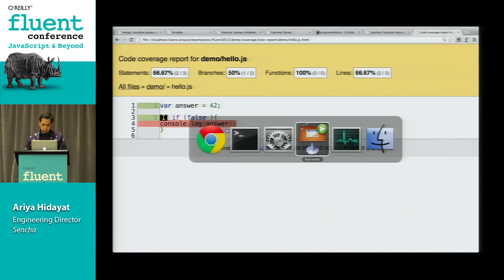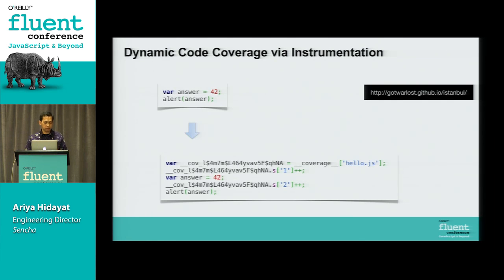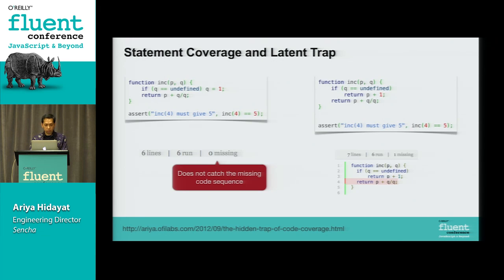This is very important because you want to write tests that exercise the most critical statements, expressions, and functions of your code or your library or application. But there's a danger in just tracking statement coverage. The code blocks on the left and the right are identical, and there's a bug there intentionally because I'm supposed to return P plus Q, not P divided by Q. If you run the leftmost block with code coverage, it will say that this code has six lines and you touched everything, which is not true, because my test passes intentionally because Q is undefined there.